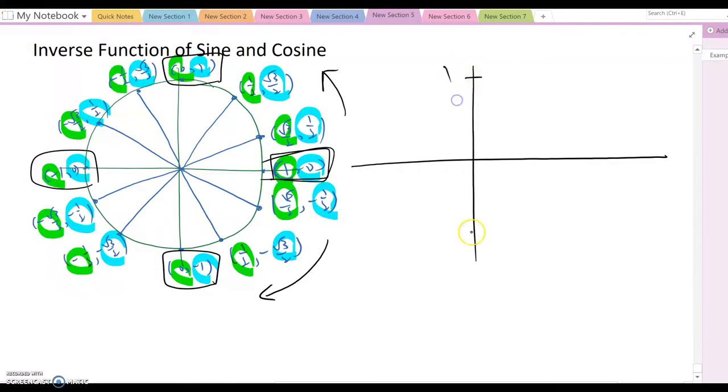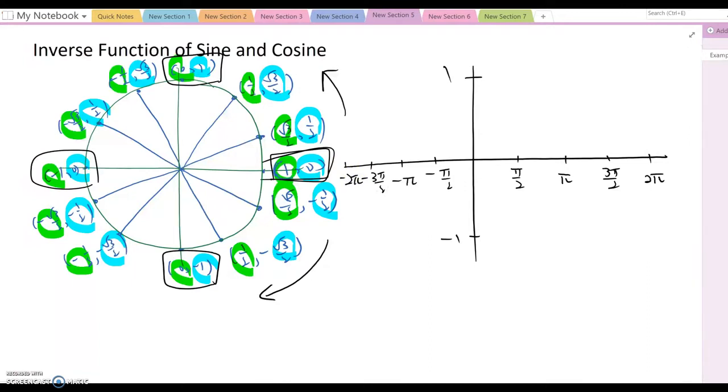So 1, negative 1, and then pi over 2, pi, 3 pi over 2, and 2 pi, negative pi over 2, negative pi, negative 3 pi over 2, and then negative 2 pi like this. Okay.